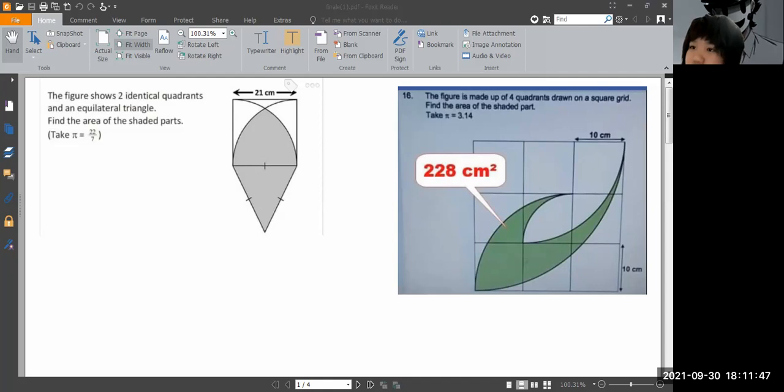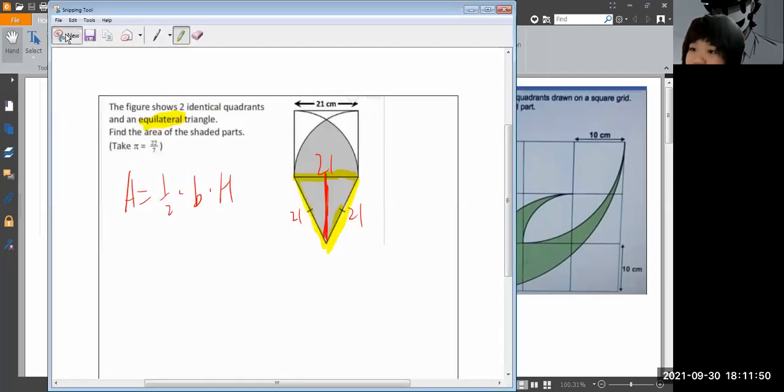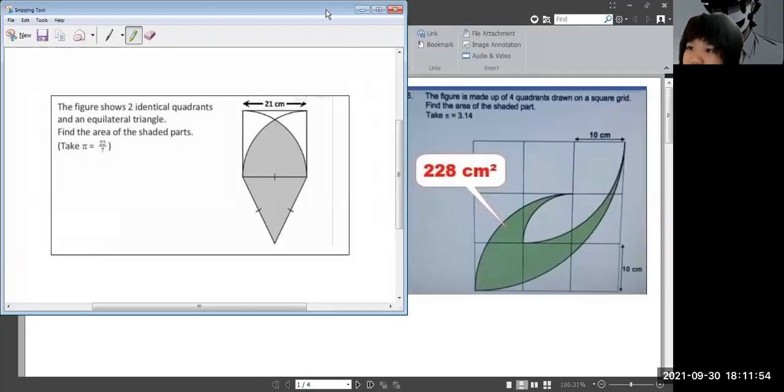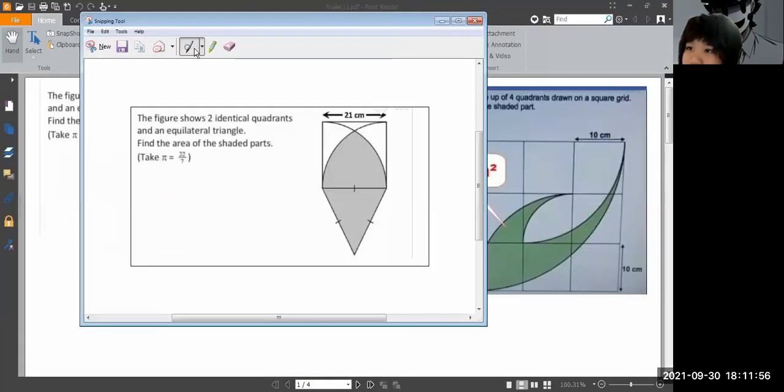So the strategy in this case is you need to insert lines. Remember to insert a line. First, you insert a line from here to here. Second, you complete this part. Once you have done that, I think your job is half done.